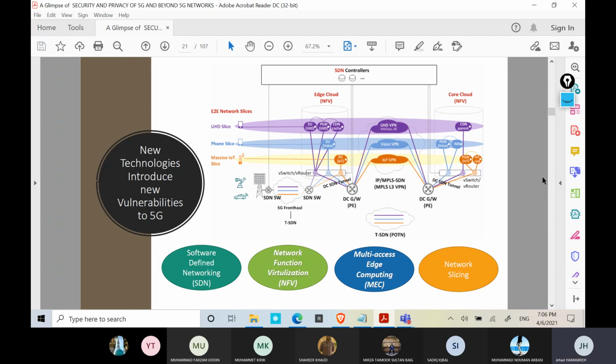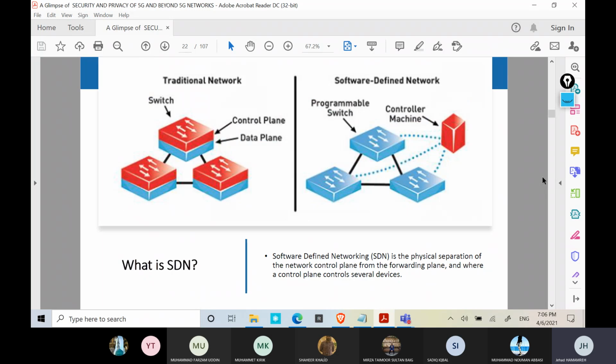So new technologies introduce new vulnerabilities, as we said, and those technologies are software-defined networking, network function virtualization, multi-access edge computing, and network slicing. So what is software-defined networking? In the old days, each switch or communication device had its own control plane and data plane. The control plane is side information used to communicate with the devices, to let them know about the parameters used in your communication.